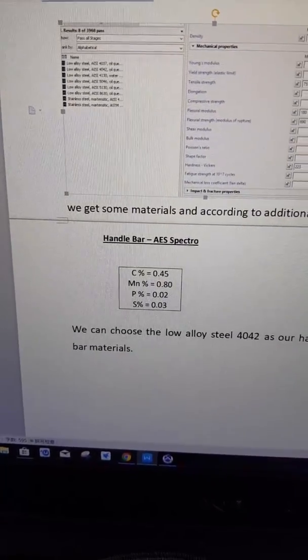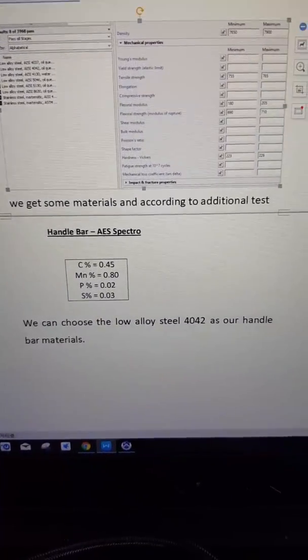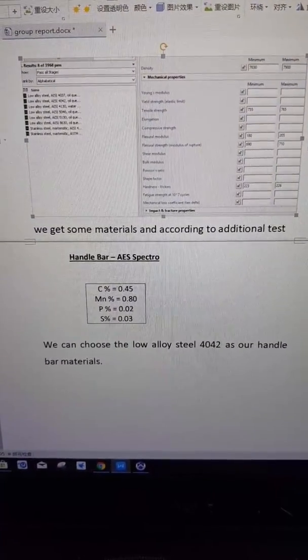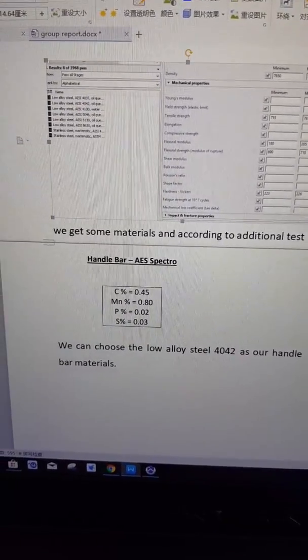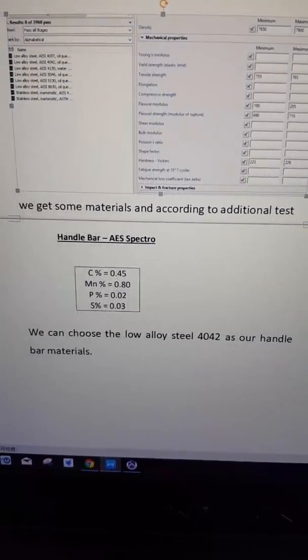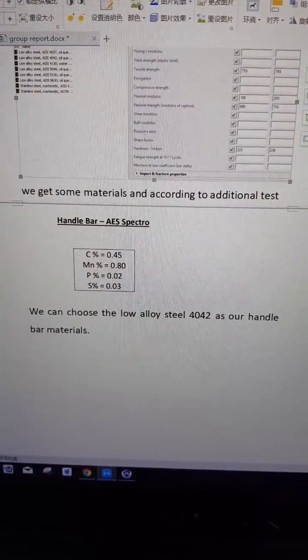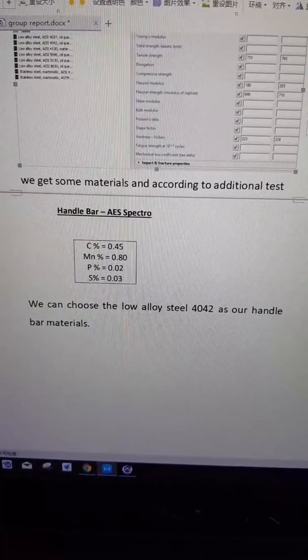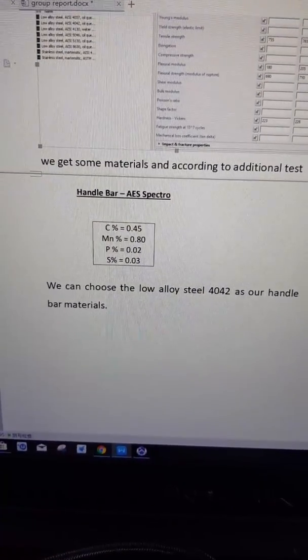We use this to compare to our CES database, which shows the elements contained in this material. We found the final one is the low alloy steel 42, which is our handlebar material. That's our conclusion.